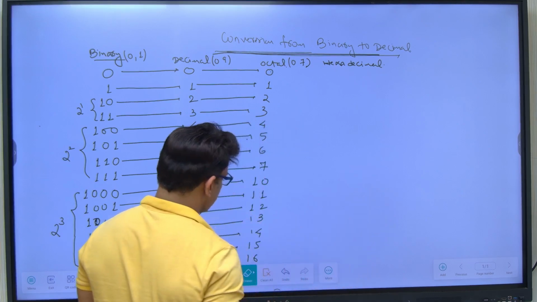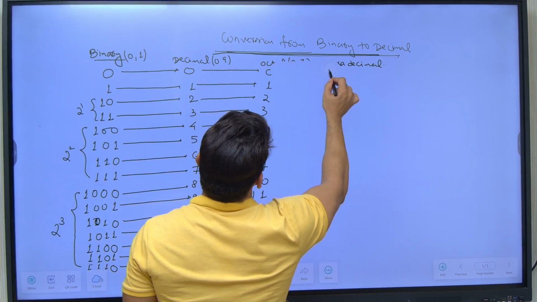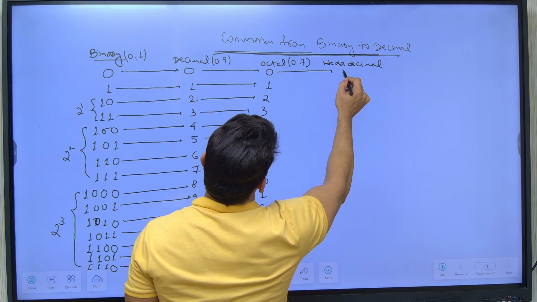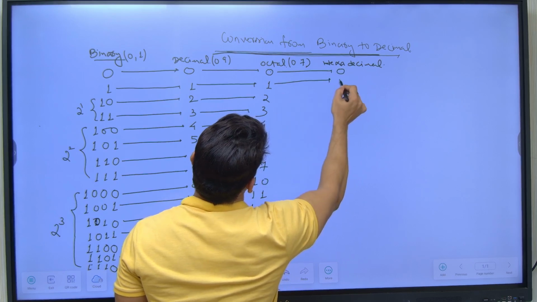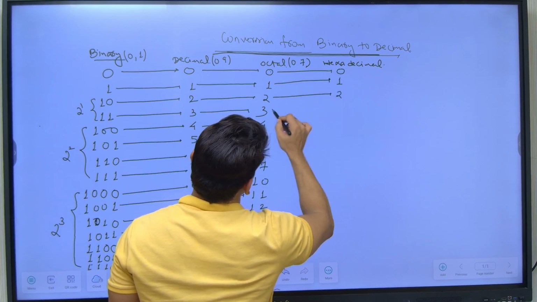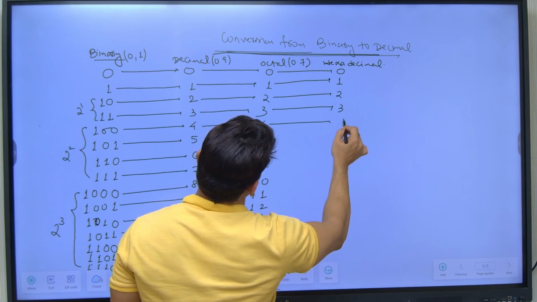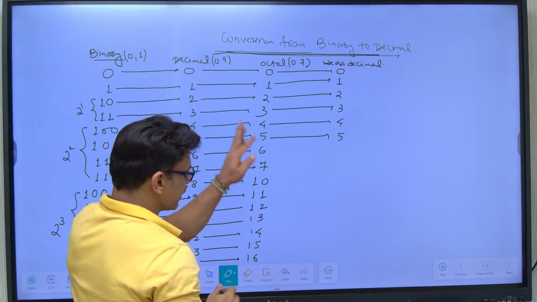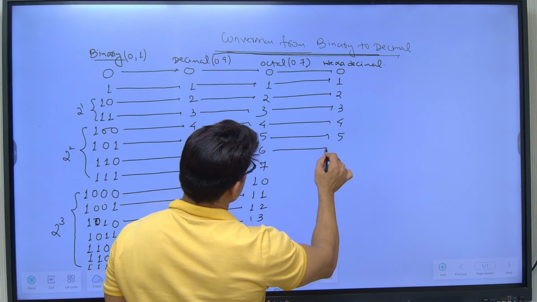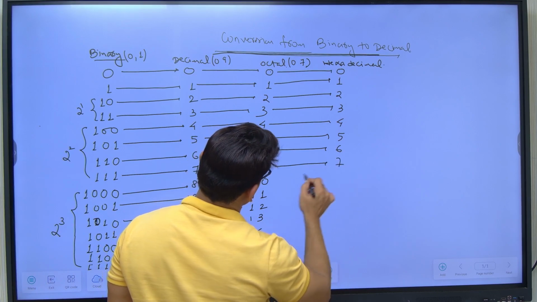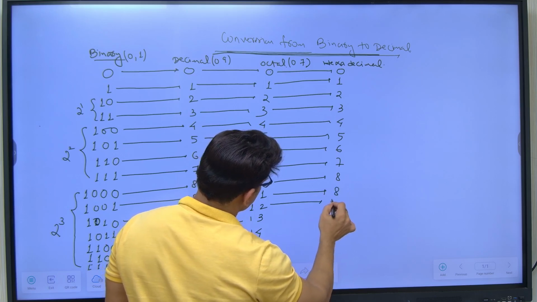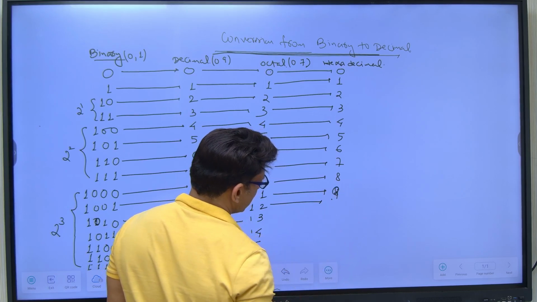And in hexadecimal, you have 0 equivalent to 0, 1 equivalent to 1, 2 equivalent to 2, 3 equivalent to 3, 4, 5. I'm comparing everything with decimal. 5, then 6, 7, 8, 9.